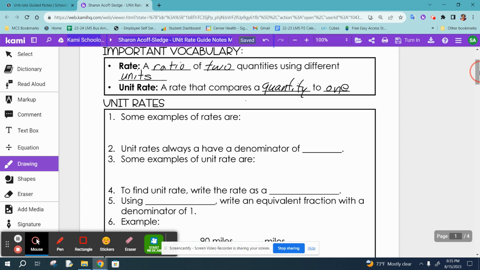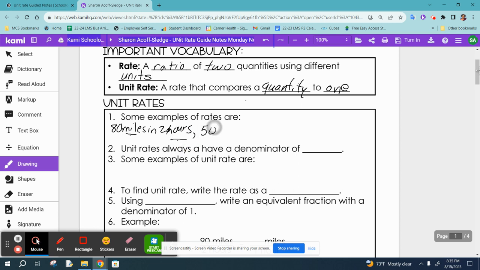Now I'm going to give you some examples of rates. So an example of a rate would be someone drove 80 miles in 2 hours. That's a rate. Those two units are different. That's distance, that's time.